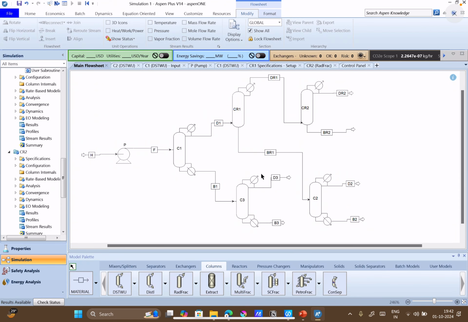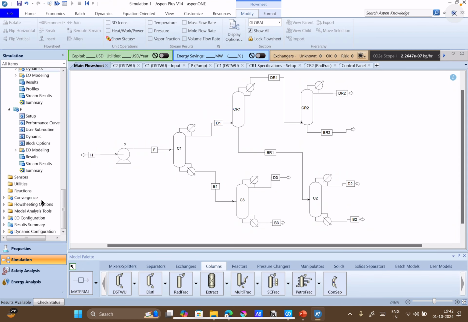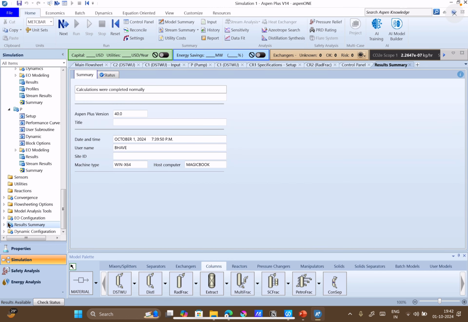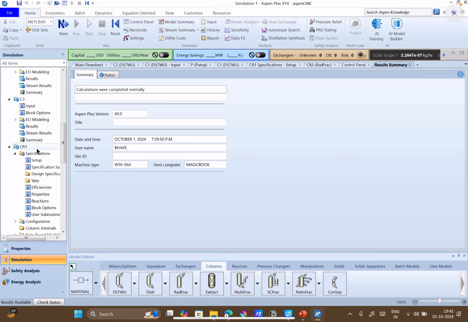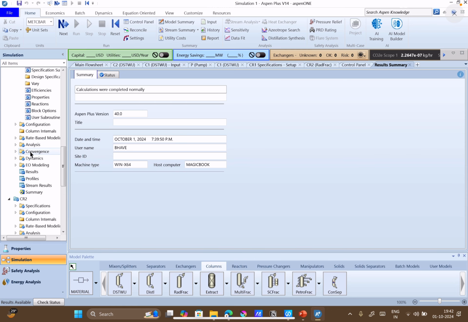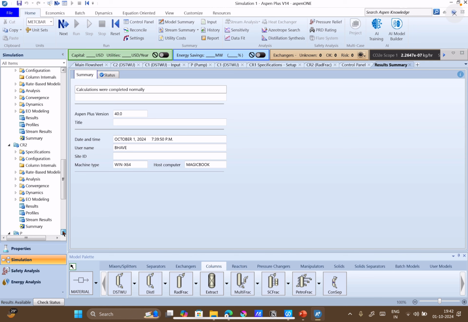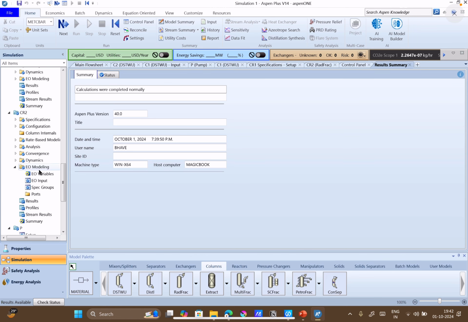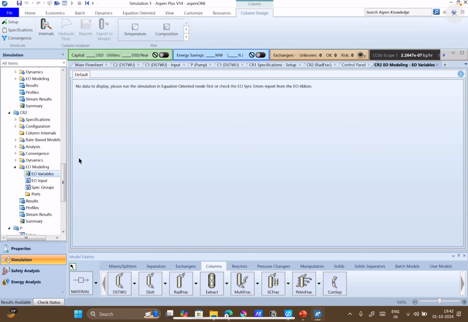Yeah, this has completed. So first let's look at the results, the stream results. You wanted to see this EO modeling part. I'm also not fully aware of it, but we can check it out. No data to display.